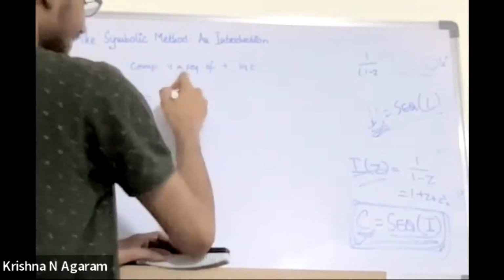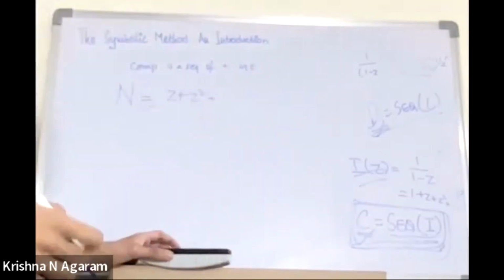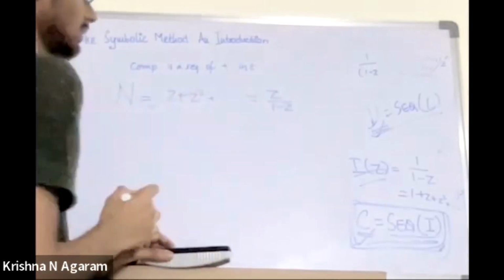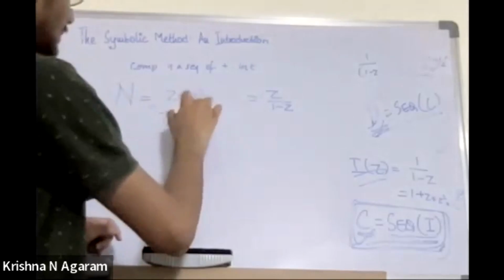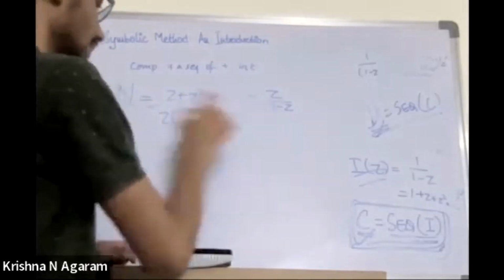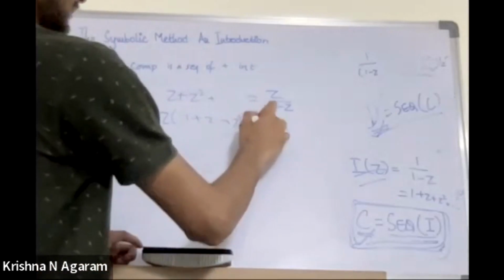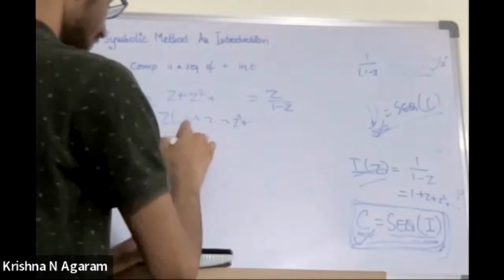Now the set of all positive integers n has the generating function z plus z square plus z cube and so on. Only 0 is not there, right? So it's z by 1 minus z. That's clear? It's z times 1 plus z plus z square, and so on. Okay, it's done.